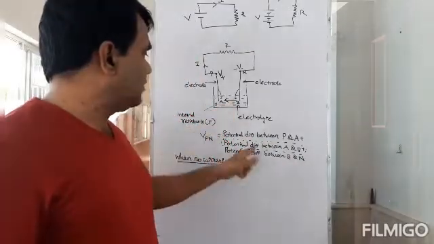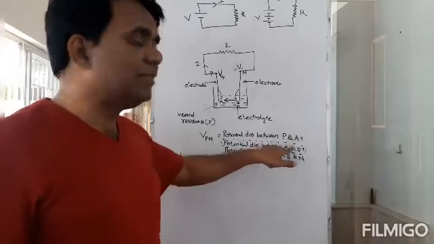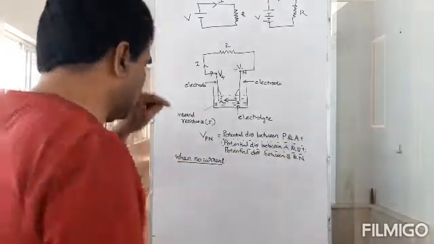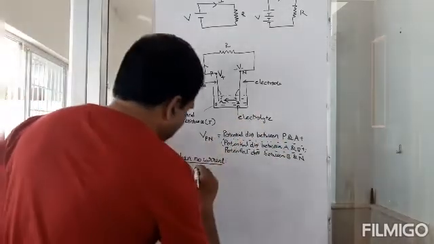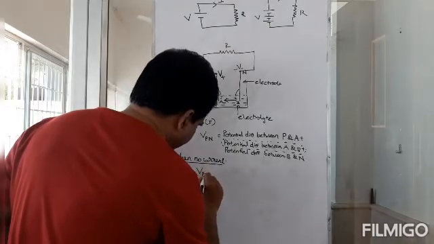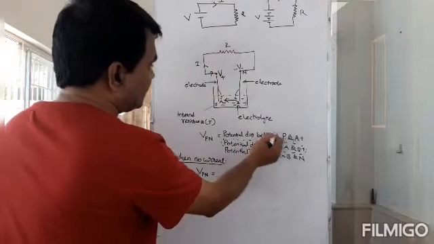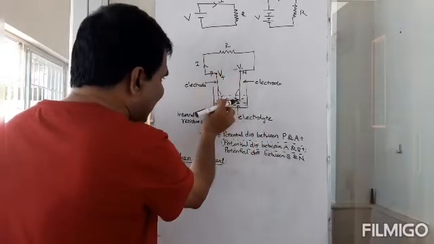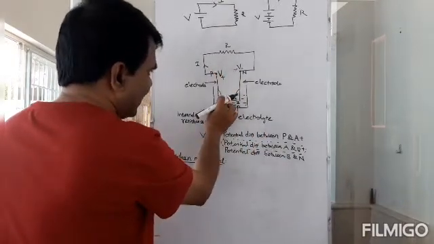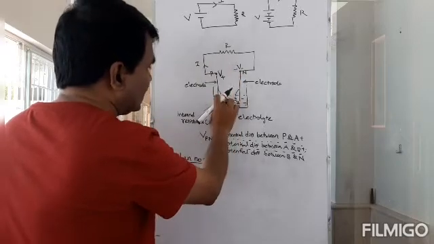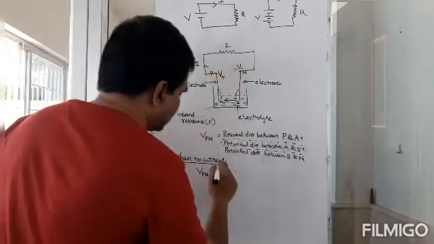So the potential difference between A and B is 0. So what will happen? So Vpn is equal to potential difference between P and A, the V plus and this part is A. So that is, P and A, that would be V plus.